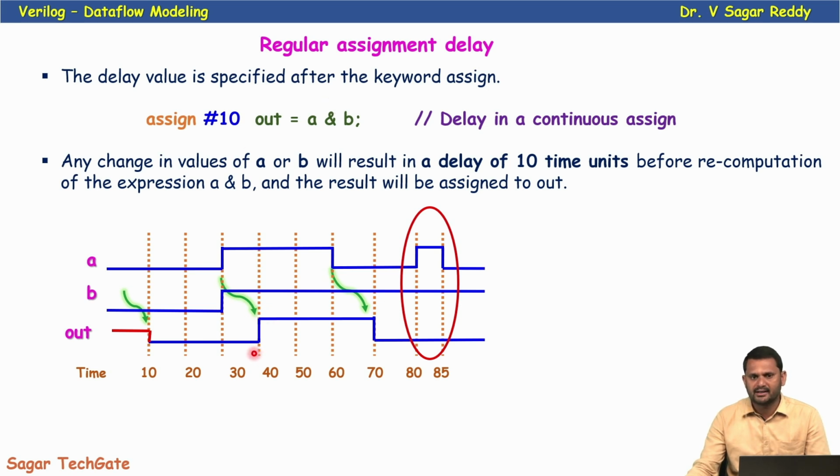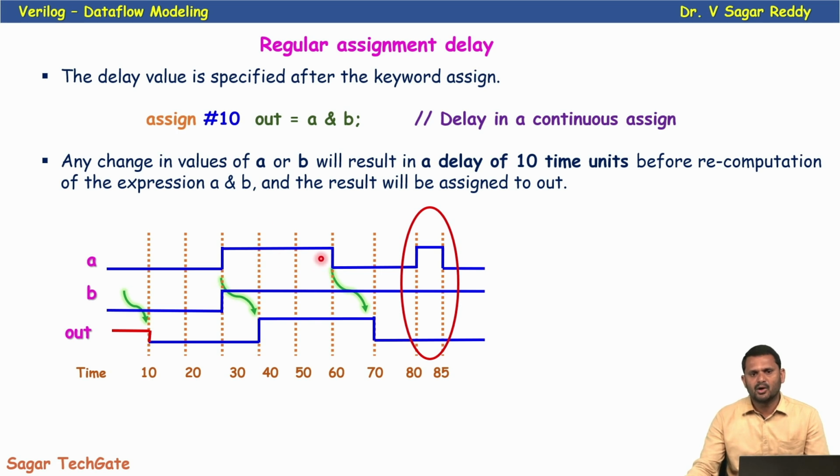The output is updated at time unit 40 only, so out equals 1 after the 10 time unit delay. A and B change, then it evaluates A and B and assigns to out after 10 time units. Even though A and B change at 30, the update is at 40 only because the delay is 10.